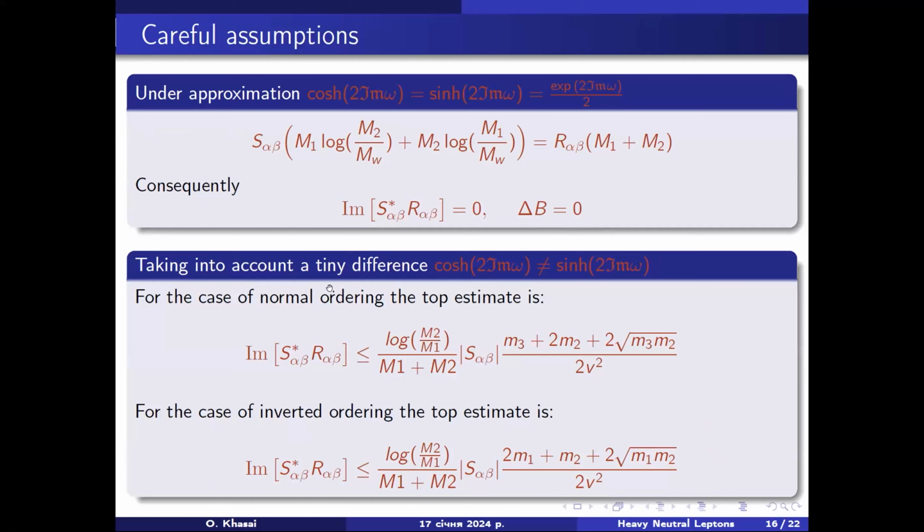But if we consider our situation more carefully, we can see that this result is caused by the previous approximation, that the hyperbolic cosine is equal to hyperbolic sine. And if we consider that such approximation is no longer valid, and make calculations with this in mind, we will be able to obtain much more sensible results, as we did here.